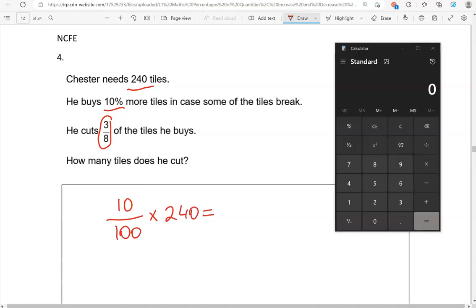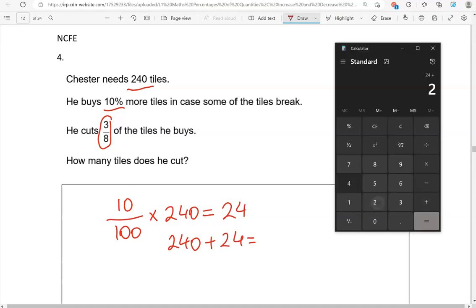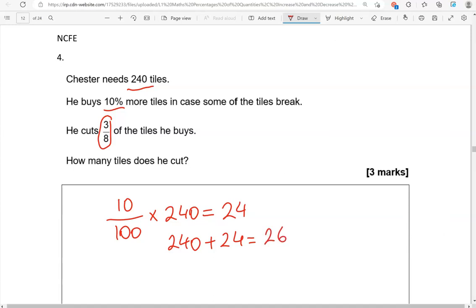So using the calculator, we'll do 10 divided by 100 times 240, which is 24. So 24 extra tiles, so 240 add 24 gives us 264 tiles bought all together.